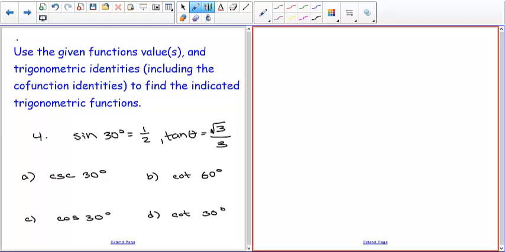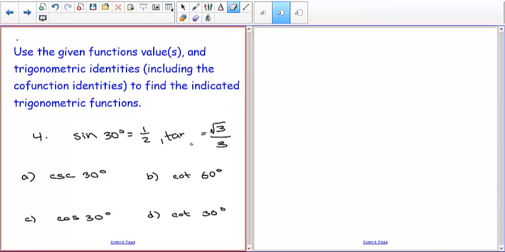And is it tangent of theta or tangent of 30? Let's see if I've done this right here. Oh, yeah, it's the tangent of 30. So this is given. We could have found that from the unit circle.